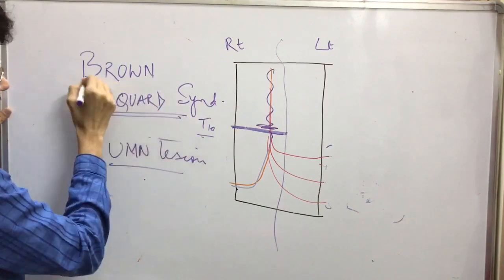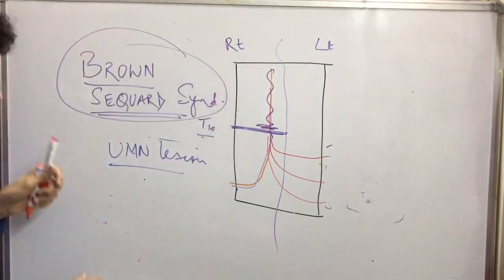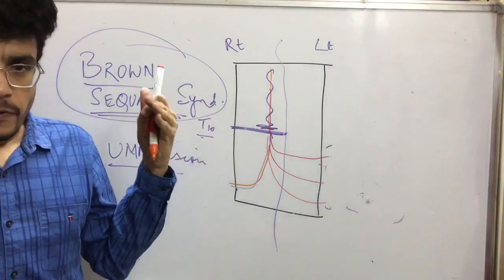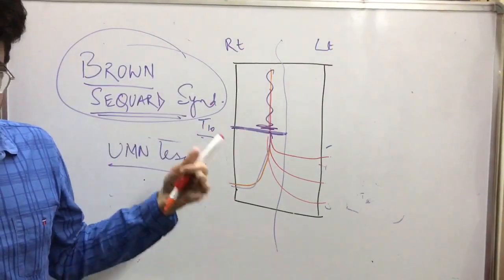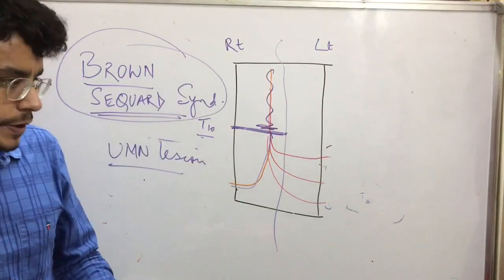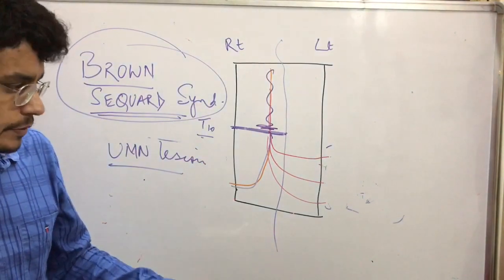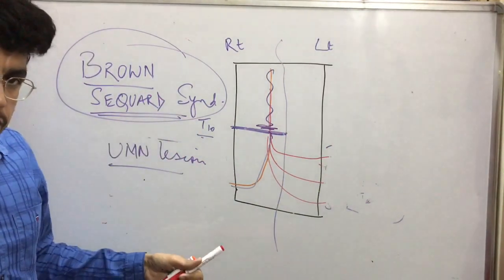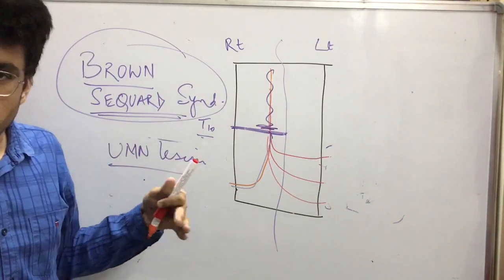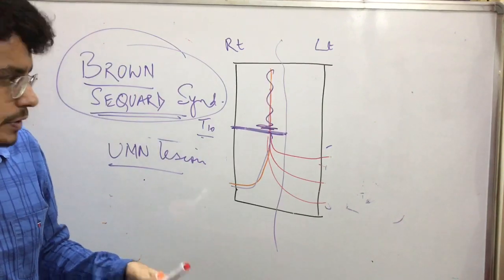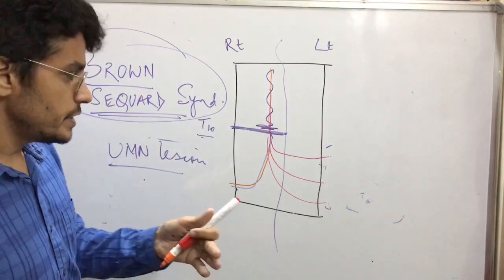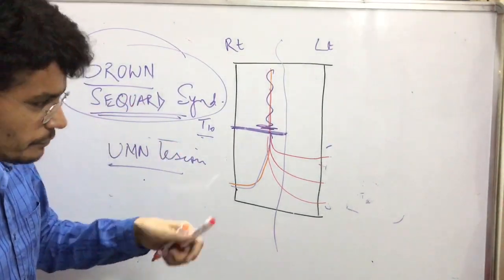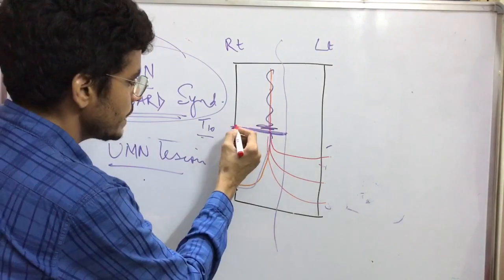So Brown-Sequard syndrome basically has three features: ipsilateral loss of joint position, vibration, stereognosis and 2-point discrimination below the lesion; contralateral loss of pain and temperature below the lesion; and ipsilateral upper motor neuron lesion features. That's all regarding Brown-Sequard. But if you want to go into further detail, what will happen at the T10 level segment?